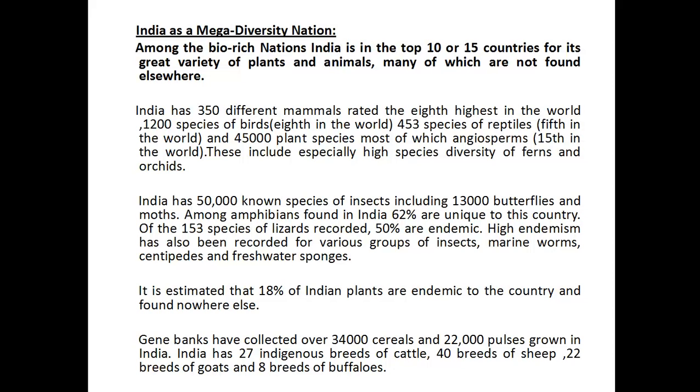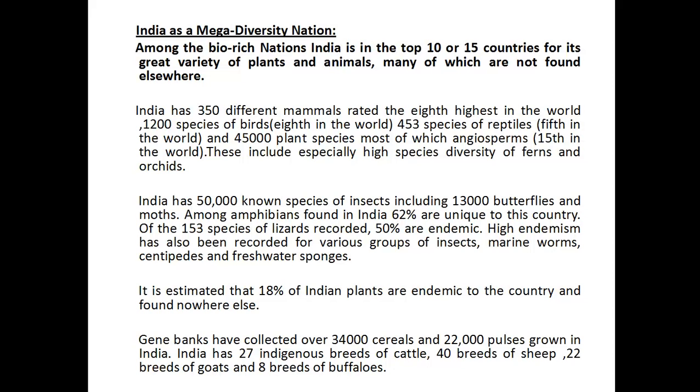India has 350 different mammals, rated the 8th highest in the world, 1200 species of birds, rated 8th in the world, 453 species of reptiles, rated 5th in the world, and 45,000 plant species, most of which are angiosperms, rated 15th in the world.